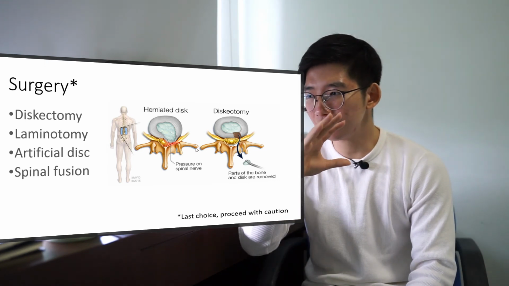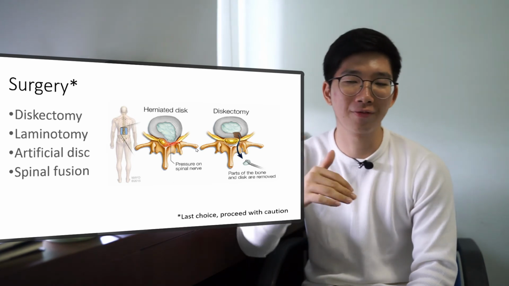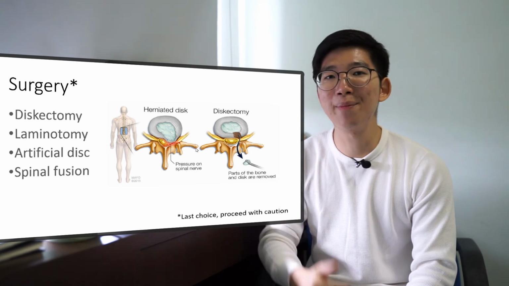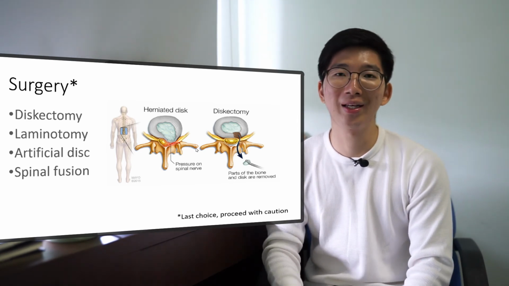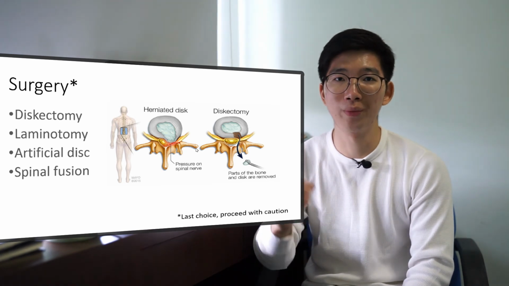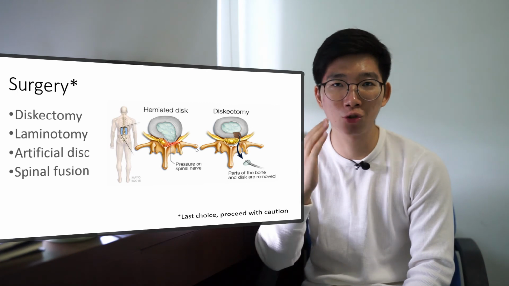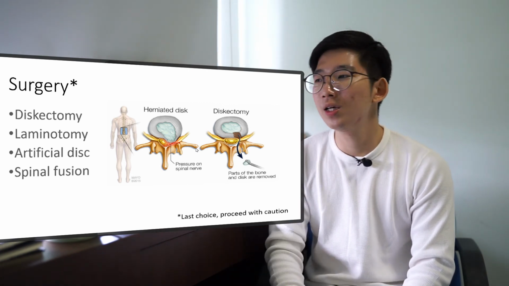Any complications in the surgery, if in the unlikely event that there's a damaged nerve because of the surgery, you may end up worse than before. And in some cases, you may even have paralysis for life. So this should be your last choice, your no choice choice.